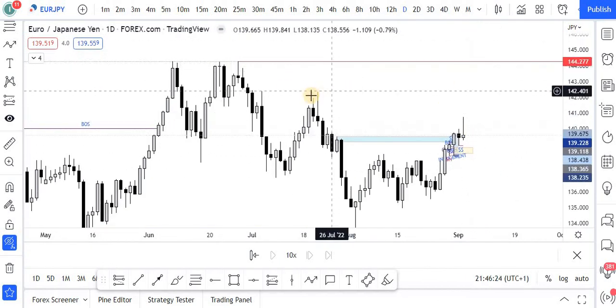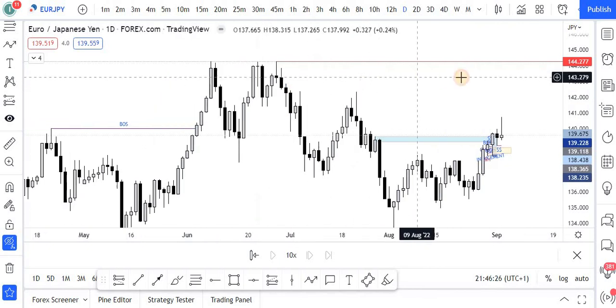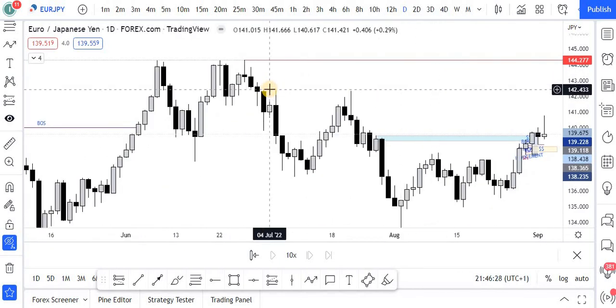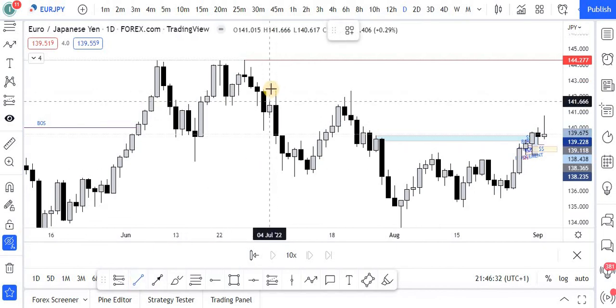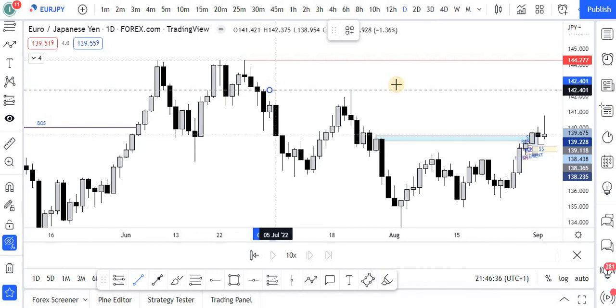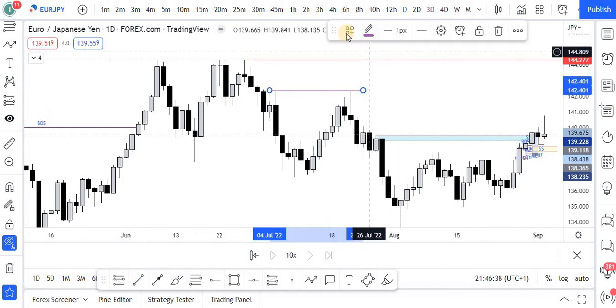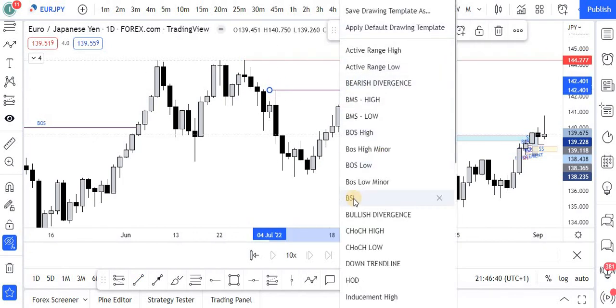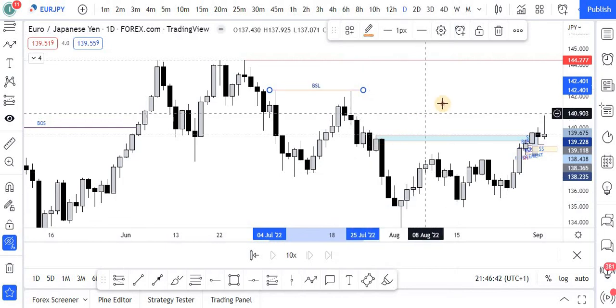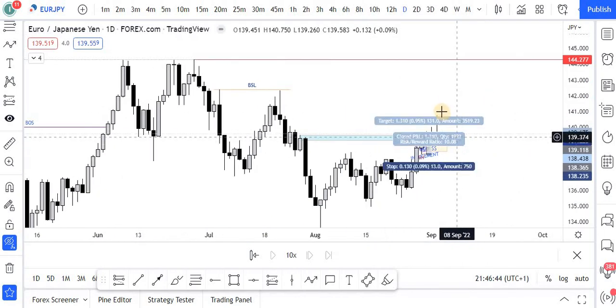Well, we shall be looking at this. This is a very good liquidity zone, so I'm also very much expecting price to come here if possible. It's a nice buy side liquidity, as you can see.